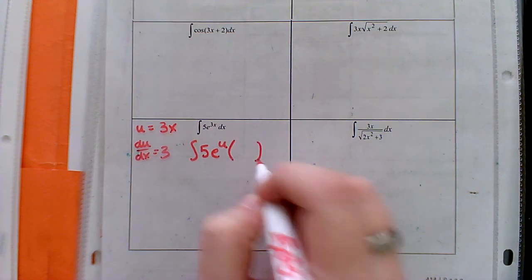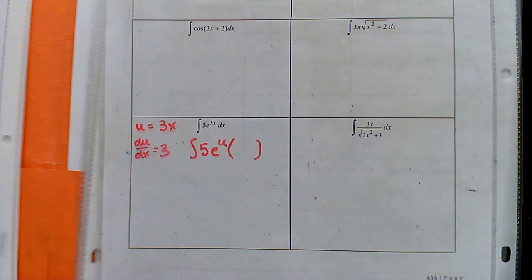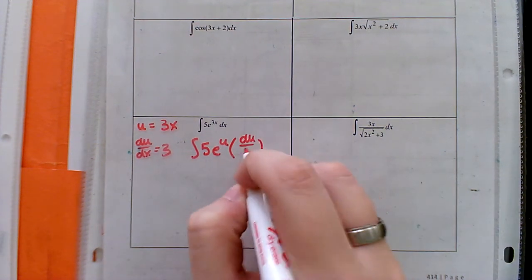We also want to rewrite the dx because we're trying to change all of the x's into u's, an easier integral to work backwards from. What should we replace the dx with? du over 3. Perfect.